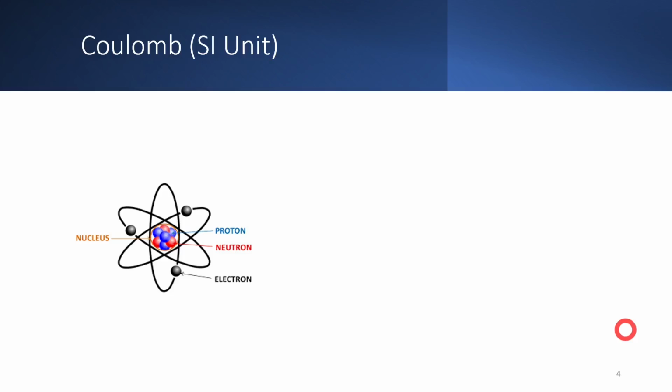So let's talk about this Coulomb unit. A Coulomb is nothing more than just a collection of electrons. Now, in the previous exercise, we studied the atom, and we know that the atom is made up of protons and neutrons in the nucleus, and it's made up of electrons, or the orbitals around the outside. Those are the three components in an atom.